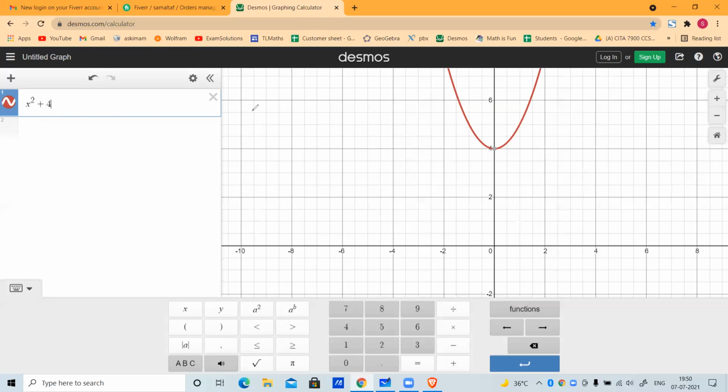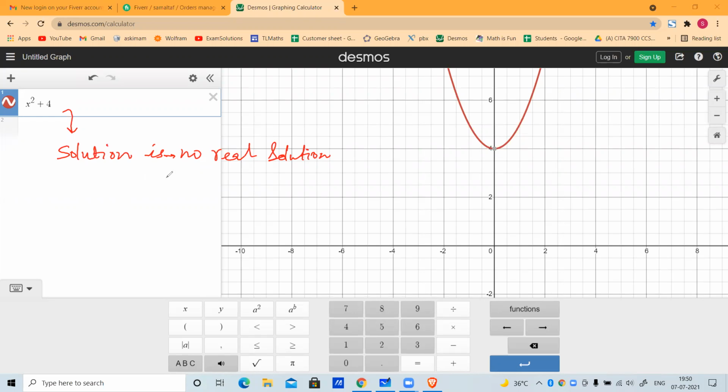Are you following? Yes. It's neither cutting the x-axis nor touching the x-axis. Then what will be the solution? The solution is no real number. There's no real solution for this.